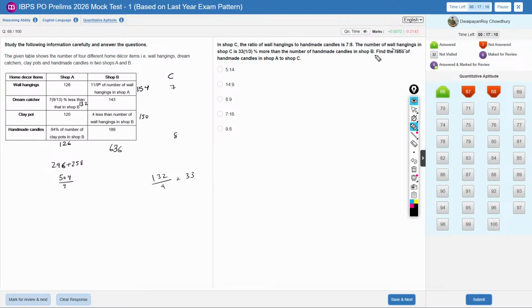The number of wall hanging in shop C is one third more than the number of handmade in B. Handmade in B, one third more, 4 third 189. The ratio of handmade candles in A to that of C. Okay.